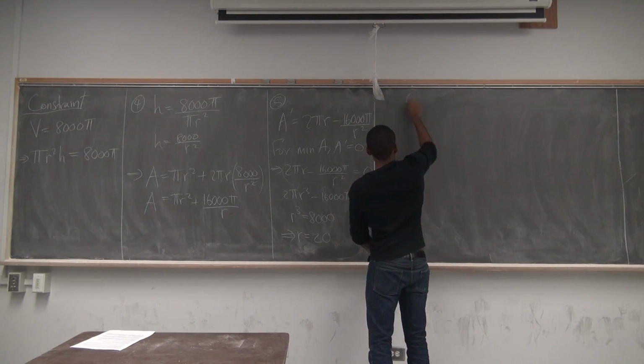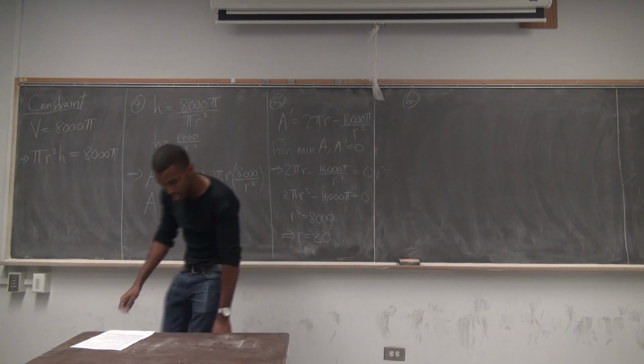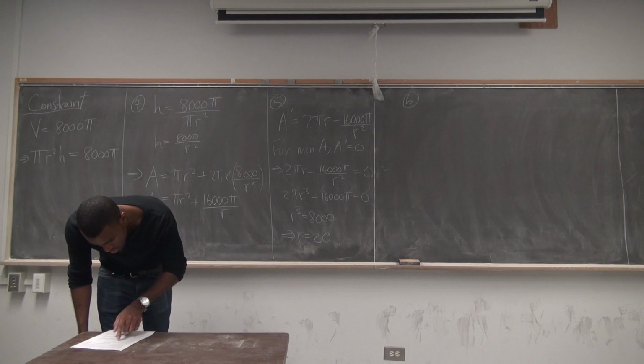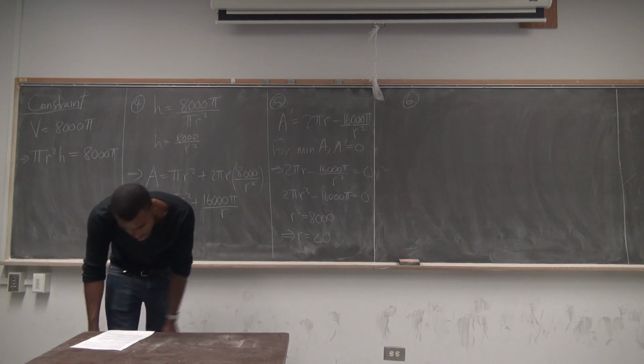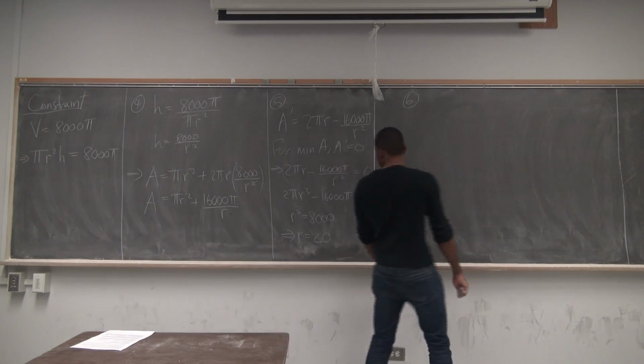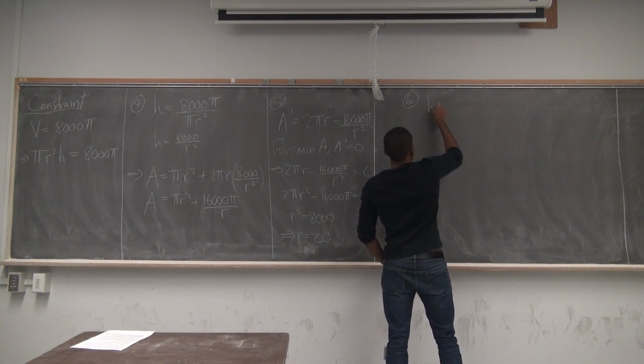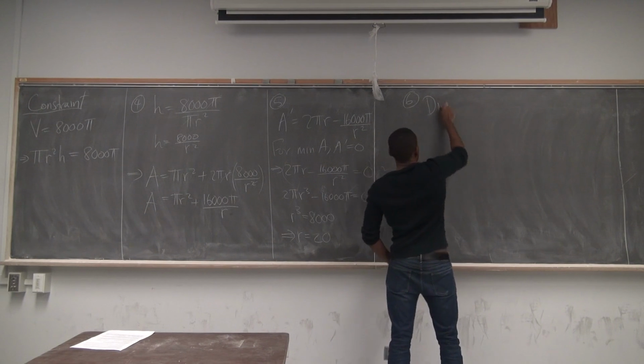So now we move on to step 6. Find the dimensions which will minimize the amount of surface area. So I already know what the radius is. I need to know what the height is. Again, what's important here is dimensions.